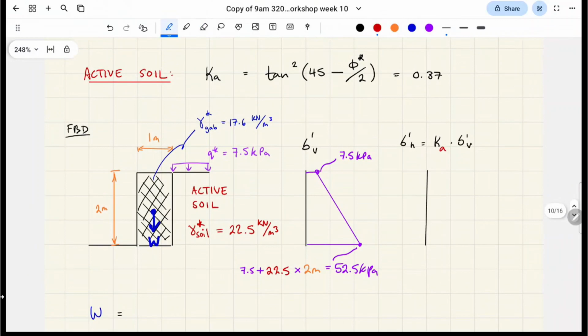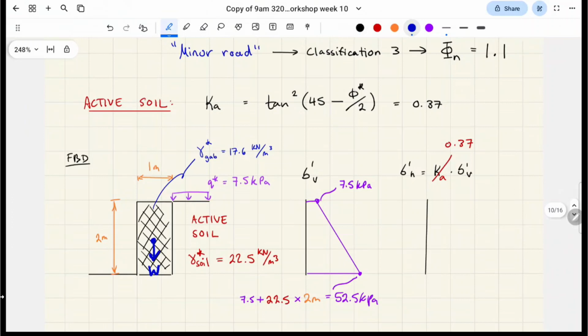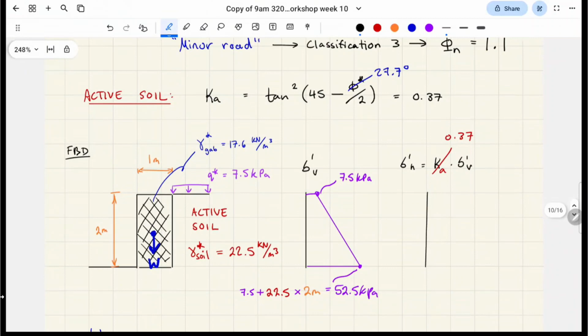But here's where Ka comes in. That's the number that we calculated a second ago. We plug in 27.7 degrees as our scaled phi value. That's where 0.37 comes from, our coefficient of active earth pressure.